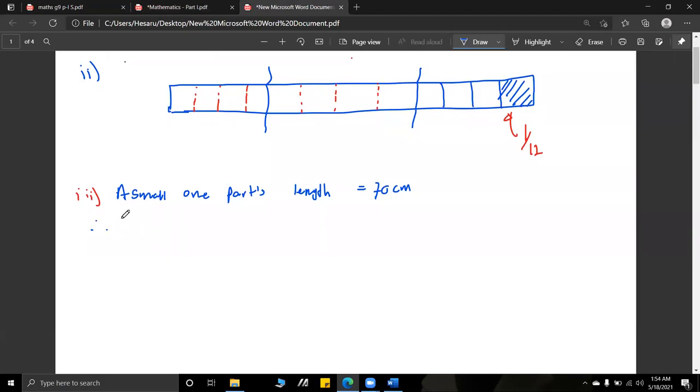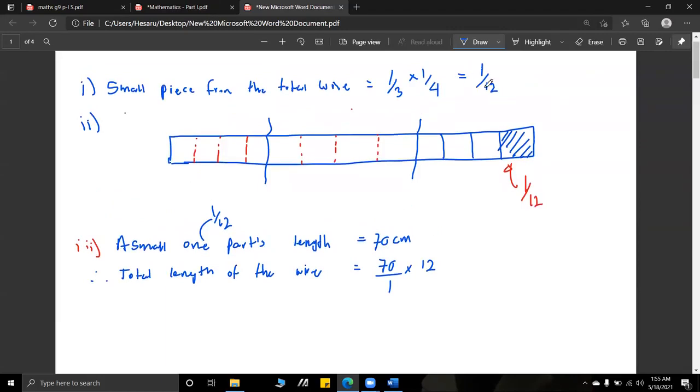The total length of the wire is equal to 70 divided by 1, and you have to multiply it by 12. This is just a small one, meaning it's a 1/12 portion, right?